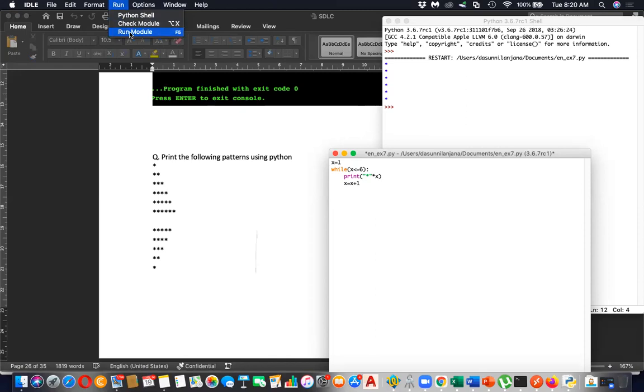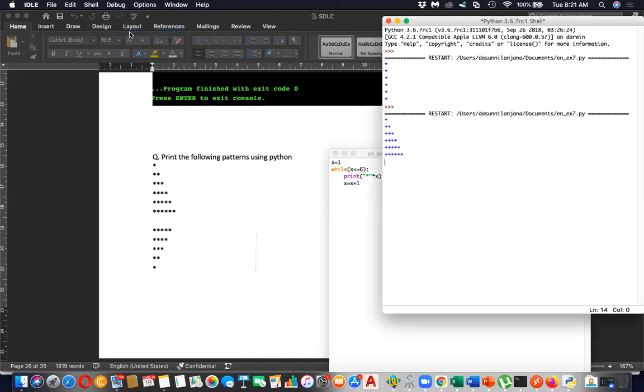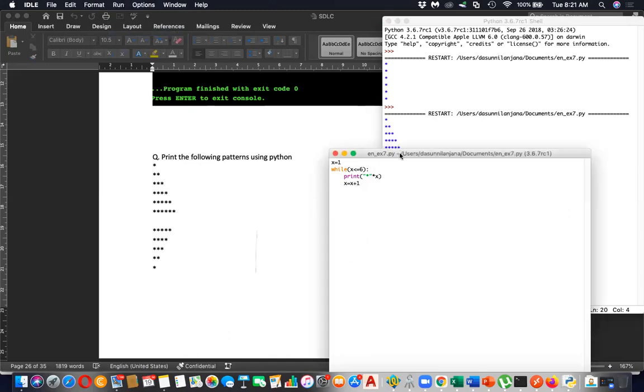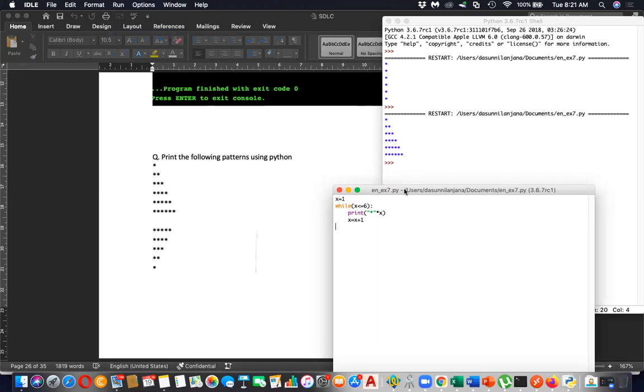That will increment the number of stars up to 6. Did you understand what I have done? I didn't write the code from top to bottom. First I wrote one thing, then I added the second concept to that. Understood? If you cannot understand, I can repeat and explain this again.